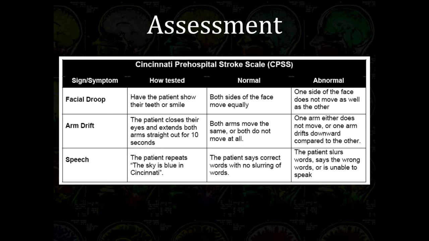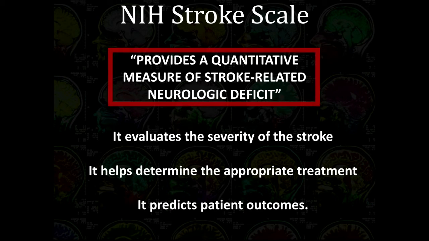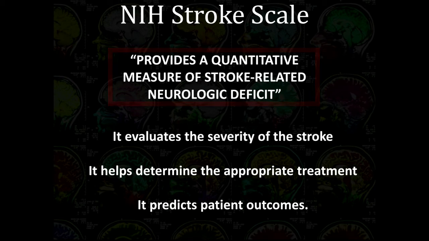But we know that we need a more extensive assessment once we're in the hospital setting. And that's where we look at what's called the NIH Stroke Scale. And really, it's all about quantitative measurements of stroke-related neurological deficit. So it's a great evaluation for severity. It looks specifically at the best approach for treatment, and it's a great predictor of outcomes.